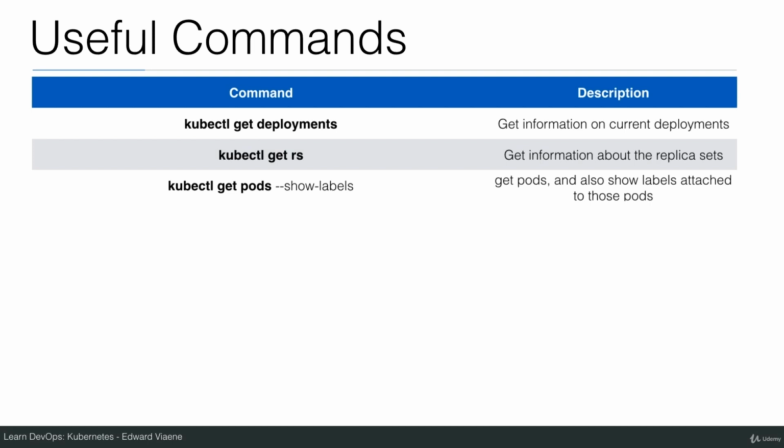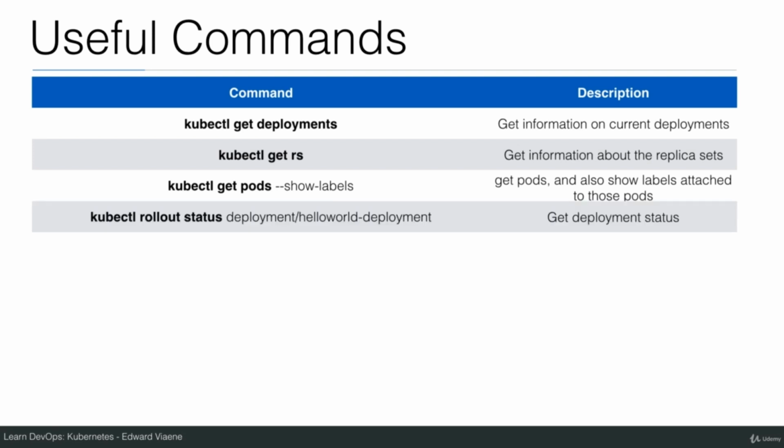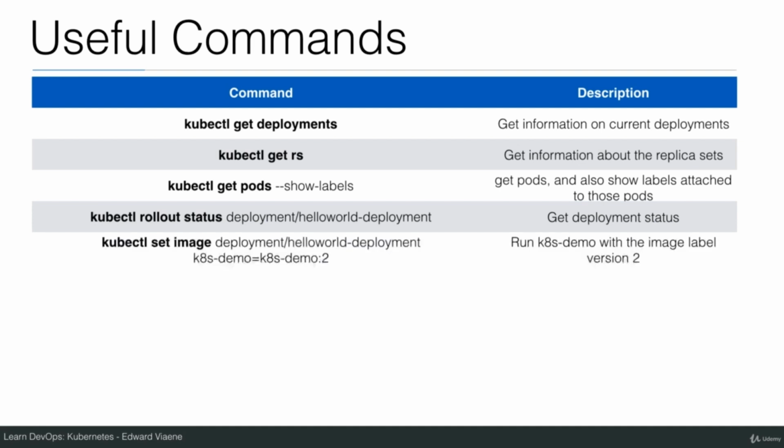So whenever we add a label to our pod, like the app label, then we can see those if we add show-labels. kubectl rollout status deployment and then the name of the deployment object gets the deployment status. So if you want to know whether the deployment was successfully completed, then we can use this command, and this command will show us that.